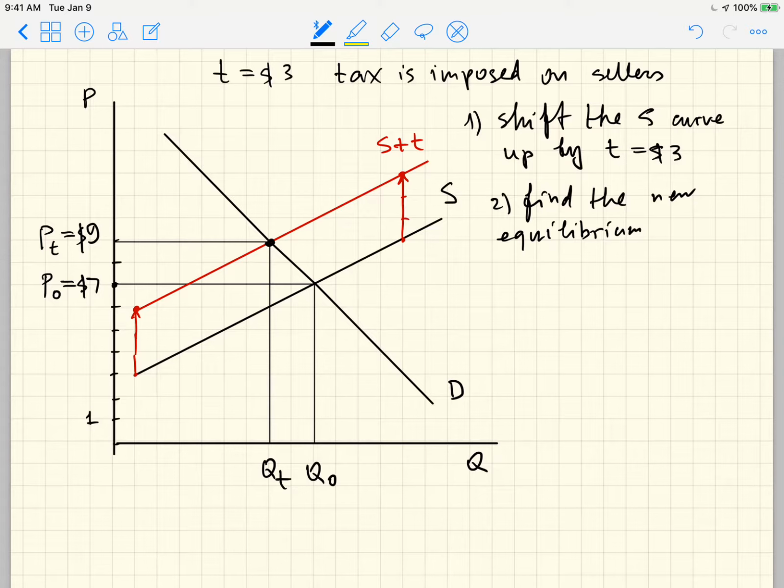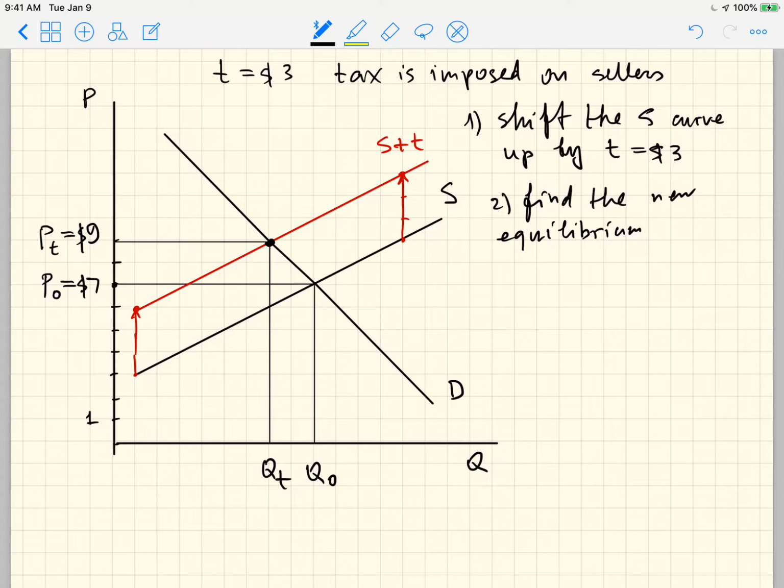But it's not as simple as just adding tax on top of the initial equilibrium price. You need to shift the supply curve and then use this shifted supply curve to find the new equilibrium and the new equilibrium price, which is 9, which is smaller than 10, and basically it's always the case. The new equilibrium price is always smaller than tax plus the old equilibrium price.